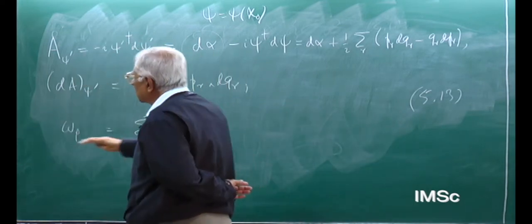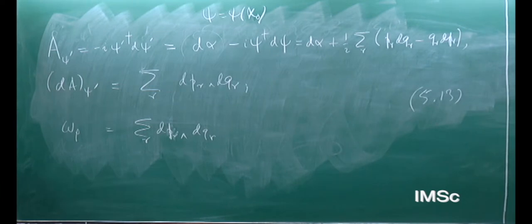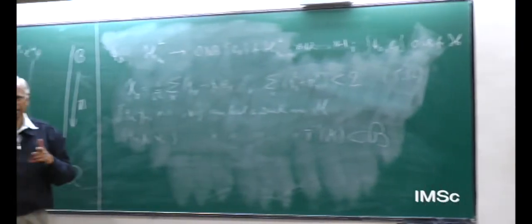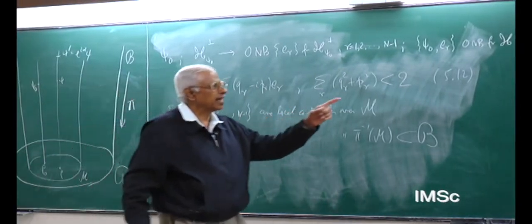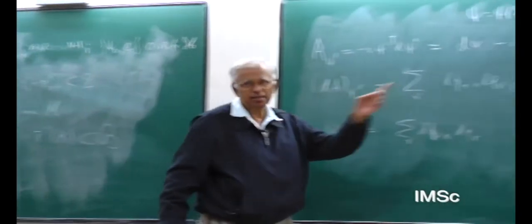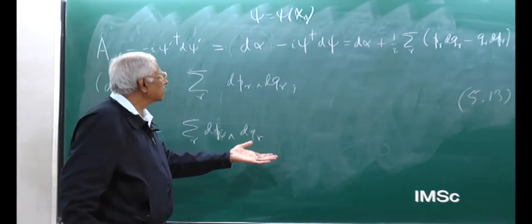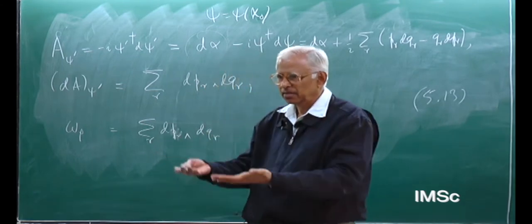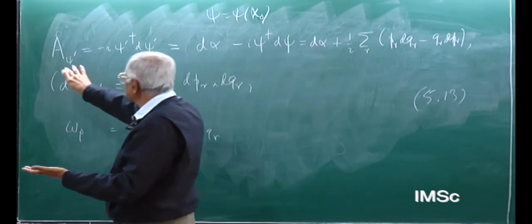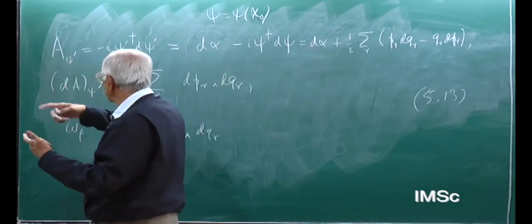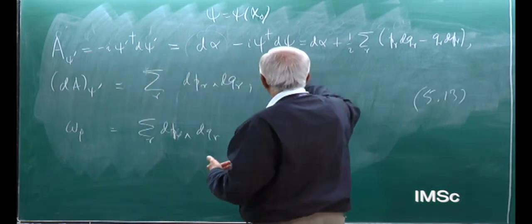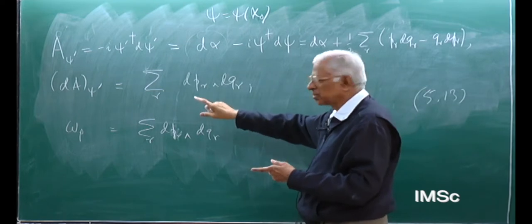The coordinates for ray space are q's and p's only. For the full space, there is in addition the phase angle. So the one form A has this piece, and so it is not arising from the lower level. But when you take its exterior derivative, the d symbol of differential geometry, this one goes away. And you have only the pq contribution.